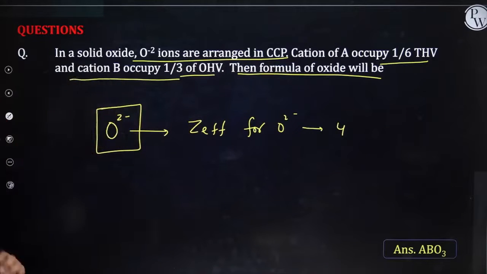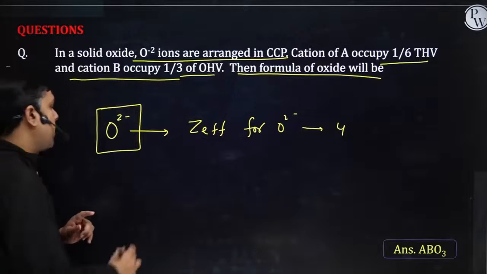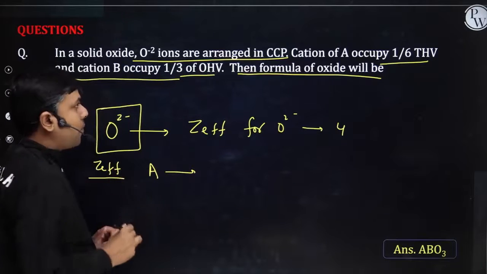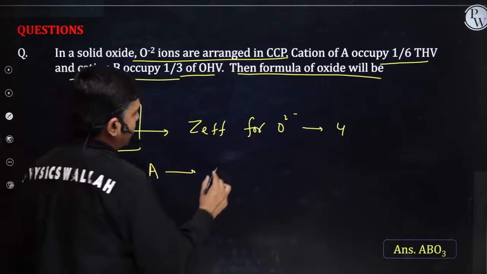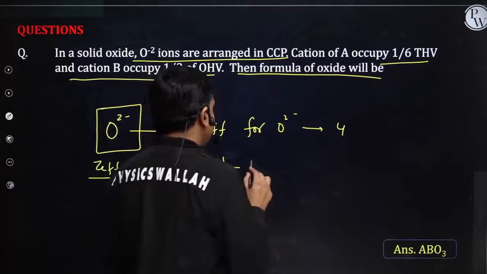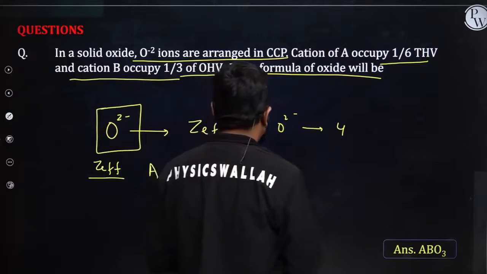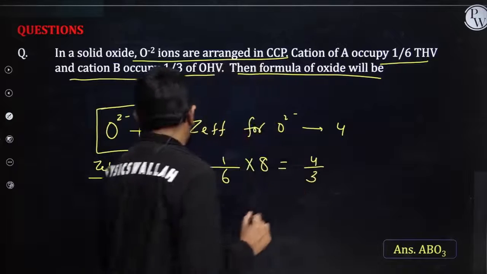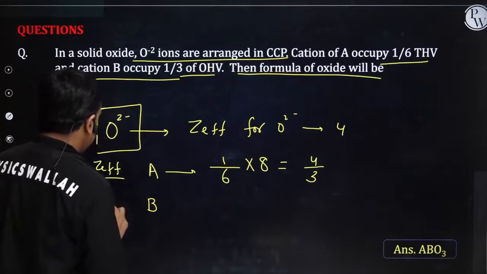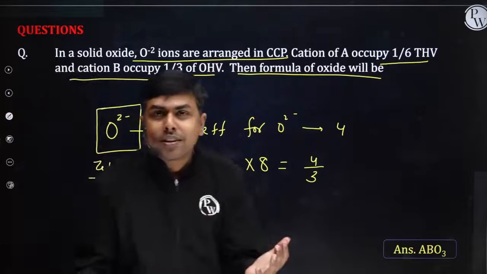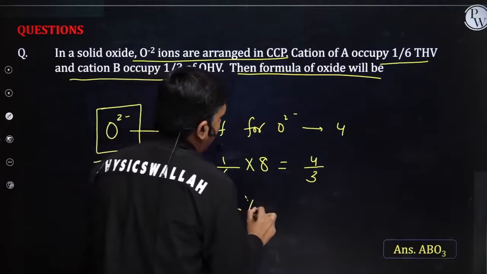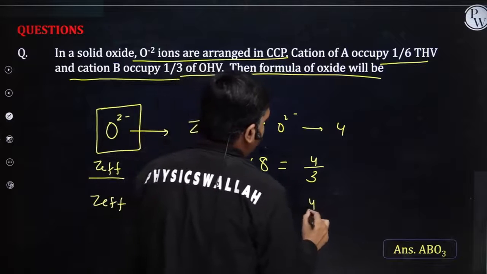Cation A occupies 1/6 of the tetrahedral voids. What's Z effective for A? It's 1/6 of the tetrahedral voids. How many tetrahedral voids in FCC? 8. So 1/6 into 8 is nothing but 4/3. Right? Whereas cation B occupies 1/3 of the octahedral voids. How many octahedral voids are there in FCC? 4. So 1/3 into 4, once again, is 4/3.